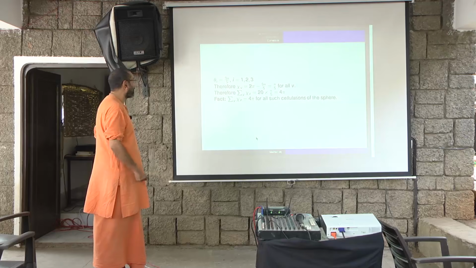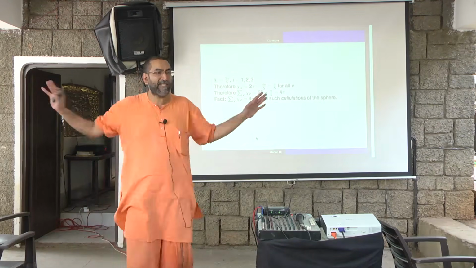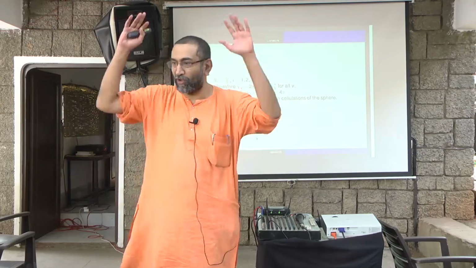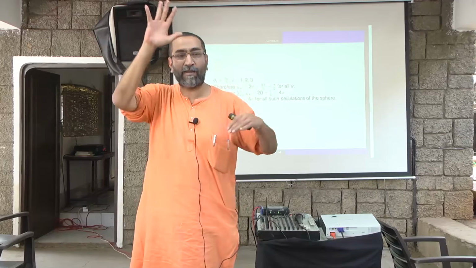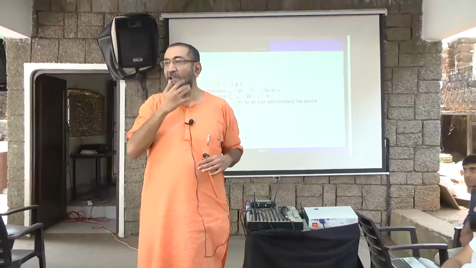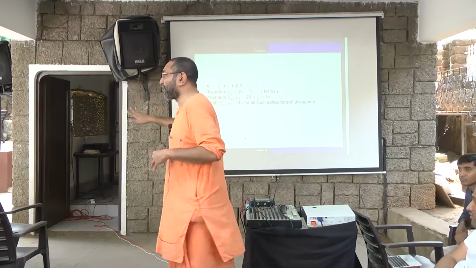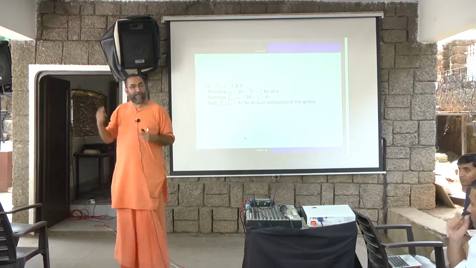So, fact. Here's the theorem. The total angle defect for any cellulation of the sphere. You take your sphere, divide it up into cells, flat pieces. If you have a flat piece, then you have a Euclidean polygon. You can measure the angle at a vertex.